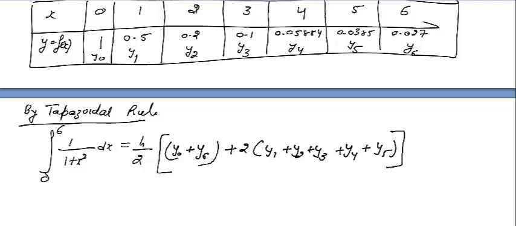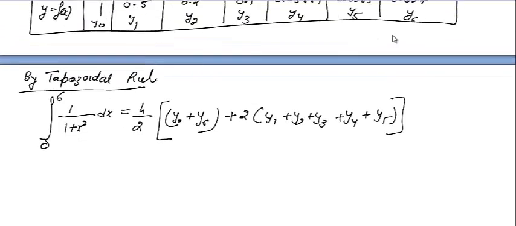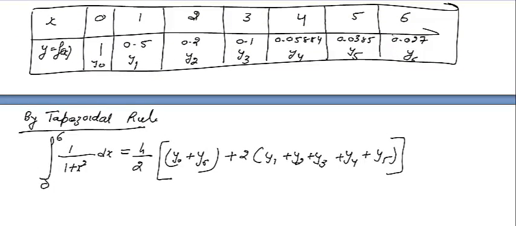Is it okay? Now you will substitute the values. You have the values of all these y's, correct? H by 2, h is 1 here, by 2, y0 is 1, y6 is 0.027, plus 2 times y1, y2, y3, y4, y5.